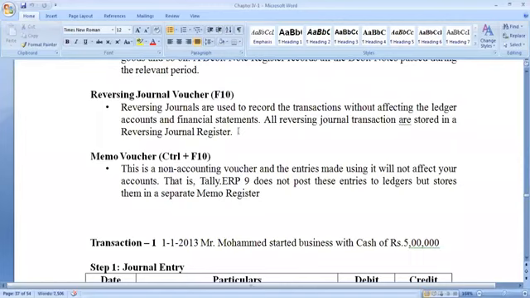It is also a special journal that will be automatically reversed after a specified date. So these are certain special journals which will be reversed after the specified date. Clear? Even reports like the balance sheets will be revised or reversed using this journal voucher, that is the F10 configuration.